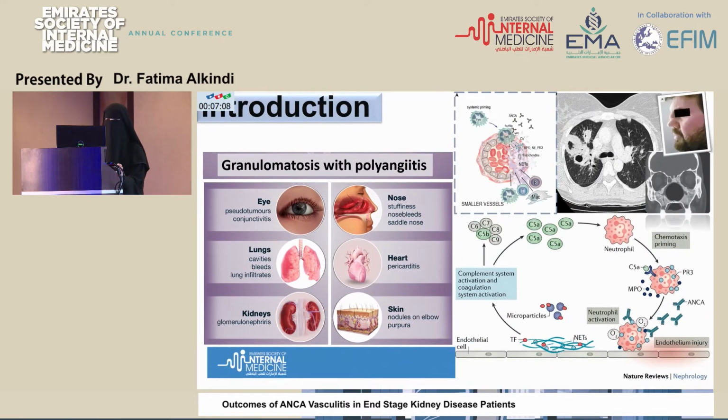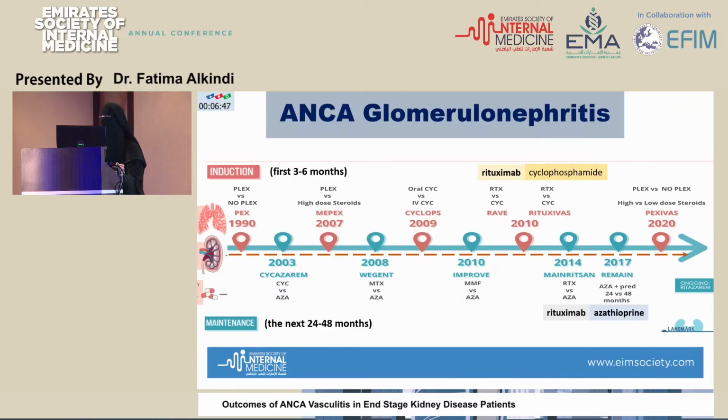The pathophysiology behind it is that ANCA antibodies attach to the neutrophils, and this activates a cascade of the complement system, leading to the clinical manifestations of this disease. For the last 3 decades, large randomized trials have been conducted to know the best option for induction therapy and maintenance therapy for this group of patients.